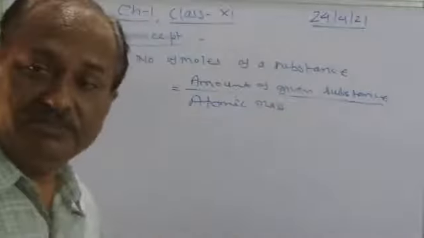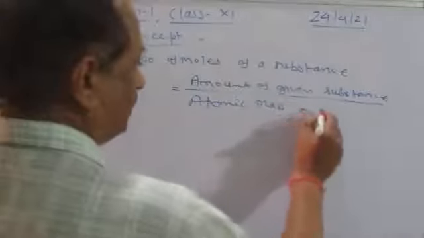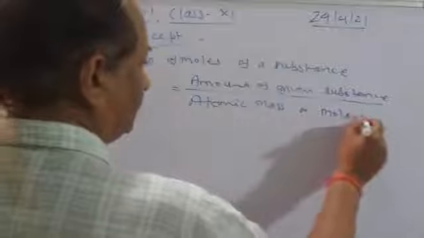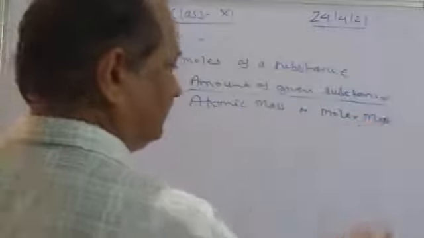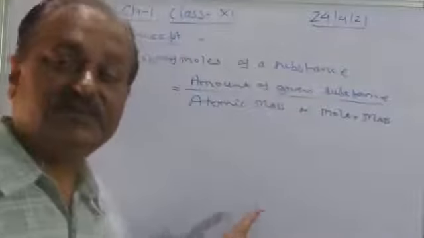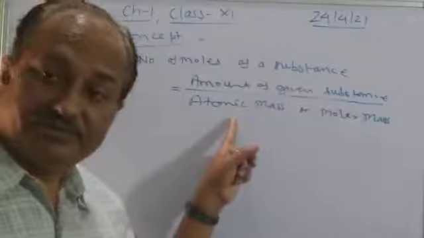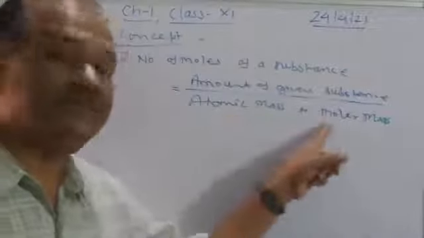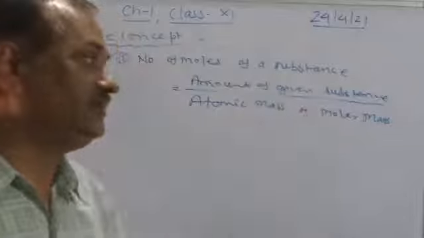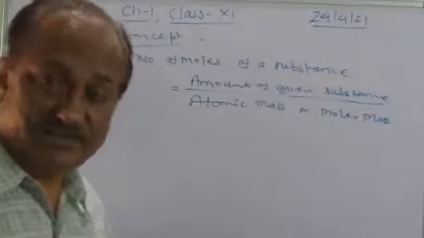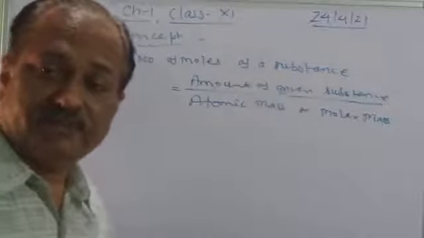We divide by atomic mass or molar mass. If the substance is an element, we take the atomic weight or atomic mass. If it is a molecule, we take the molar mass. So this is the first point.